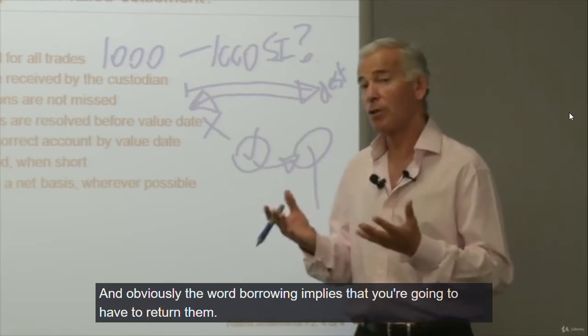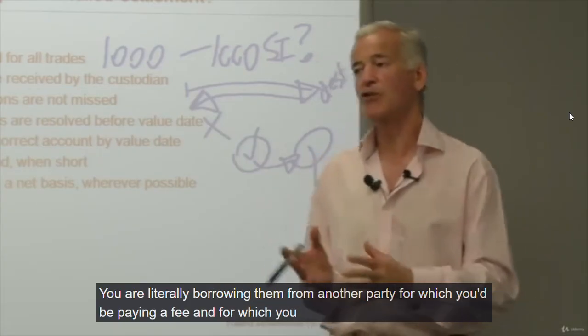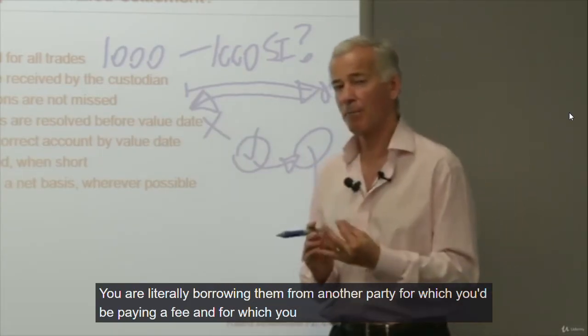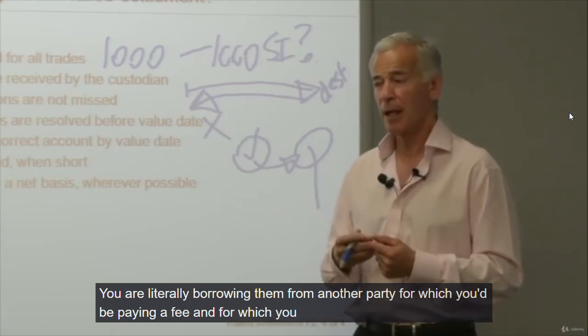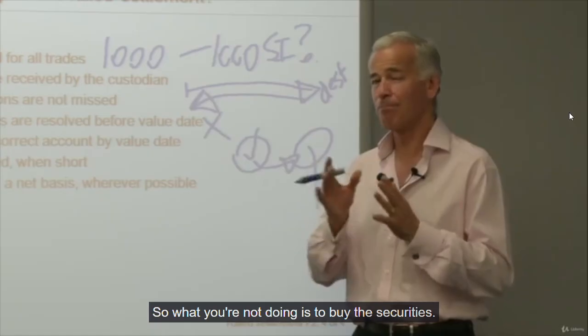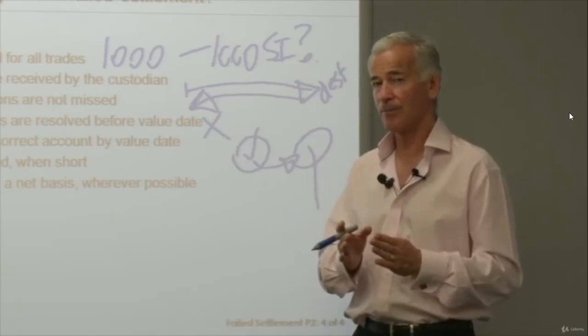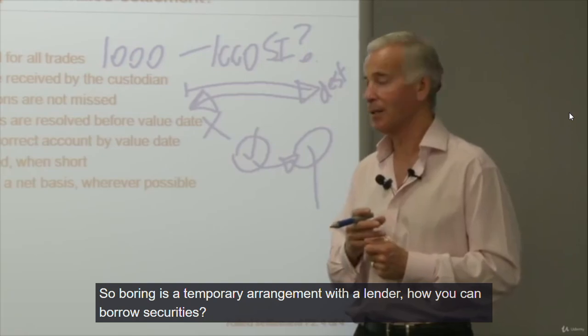And obviously the word borrowing implies that you're going to have to return them. That's a fact. You are literally borrowing them from another party for which you'd be paying a fee and for which you must return them. So what you're not doing is to buy the securities. So borrowing is a temporary arrangement with a lender.